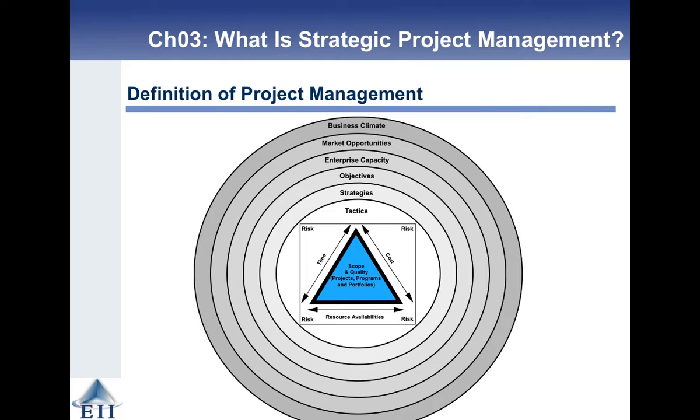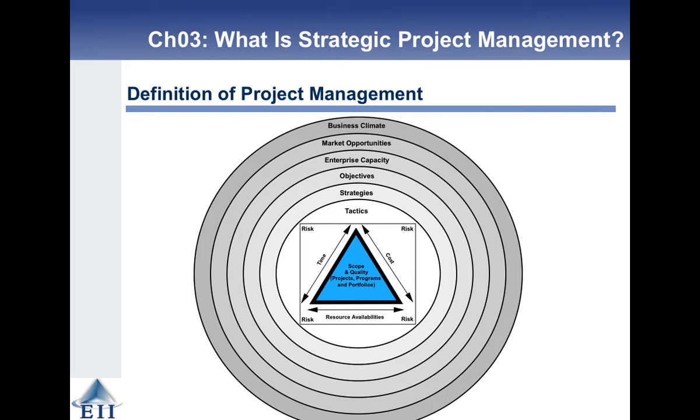And then stepping out of that, we've got some tactics, some solid things we can do. Outside of that, we've got strategies. How do we achieve our outer objectives? They're higher level things. Then we're constrained somewhat by the capacity of our enterprise, right?